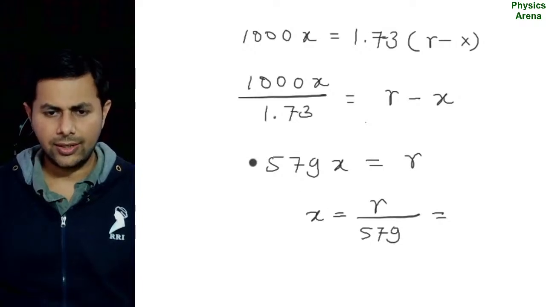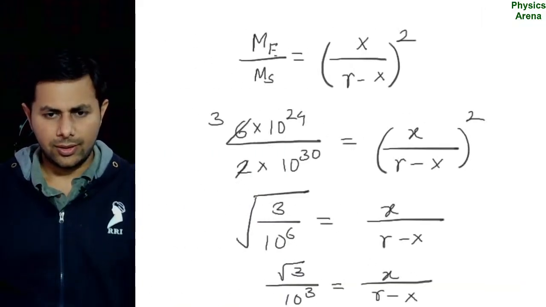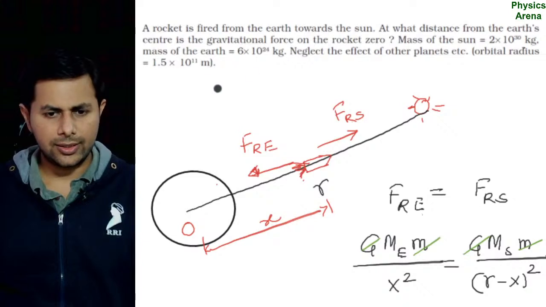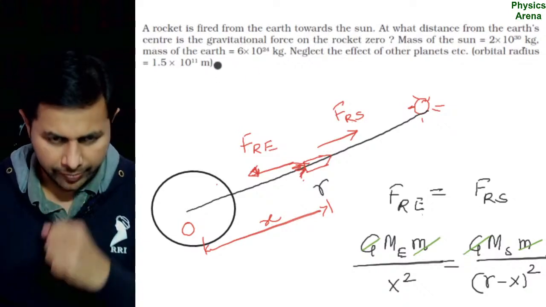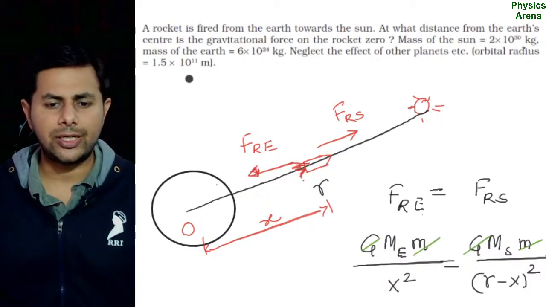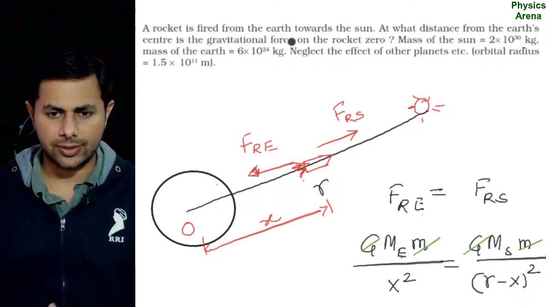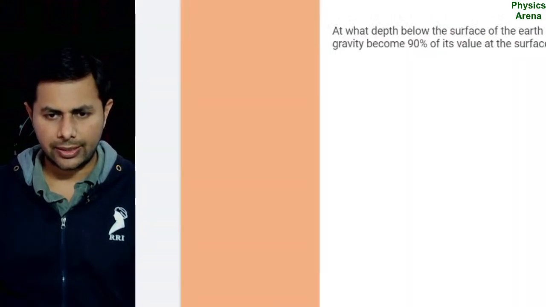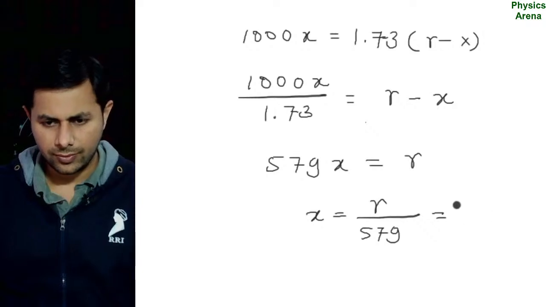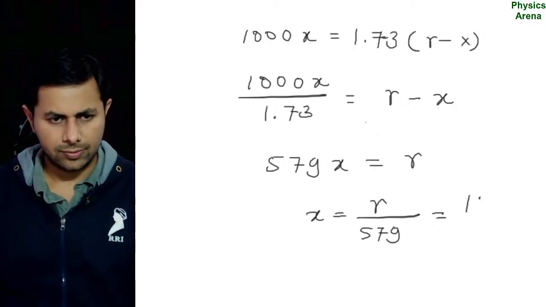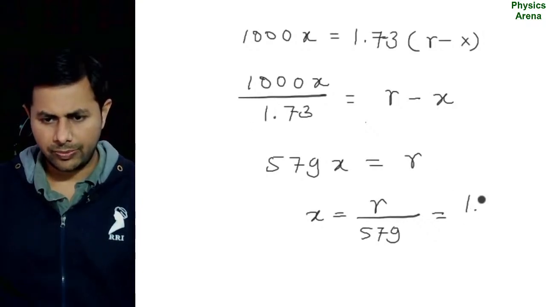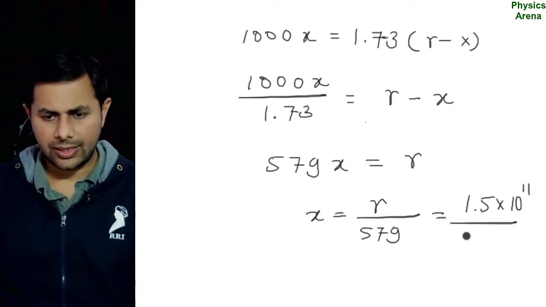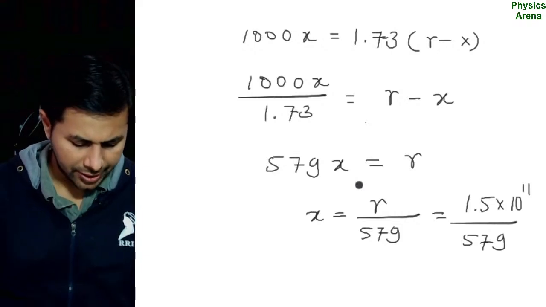So how much is r? r is 1.5, I'm sorry, it is 1.5 multiplied by 10 raised to 11 meters. So I will use this value, 1.5 multiplied by 10 raised to 11 divided by 579, and once again I will use my calculator.